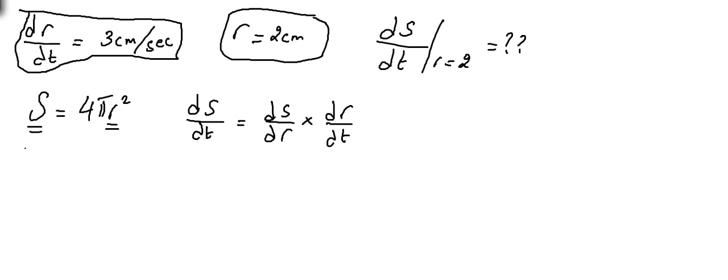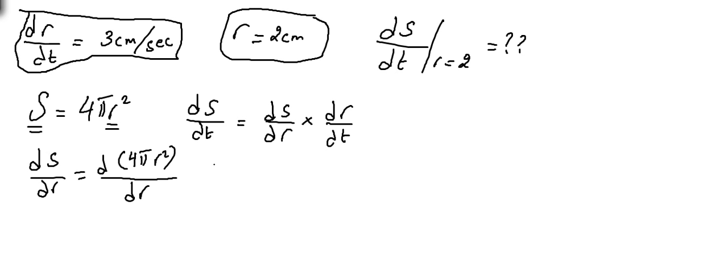So what is dS/dr? dS/dr is where we differentiate both sides of this formula. It's 4 pi r squared with respect to r as the variable.